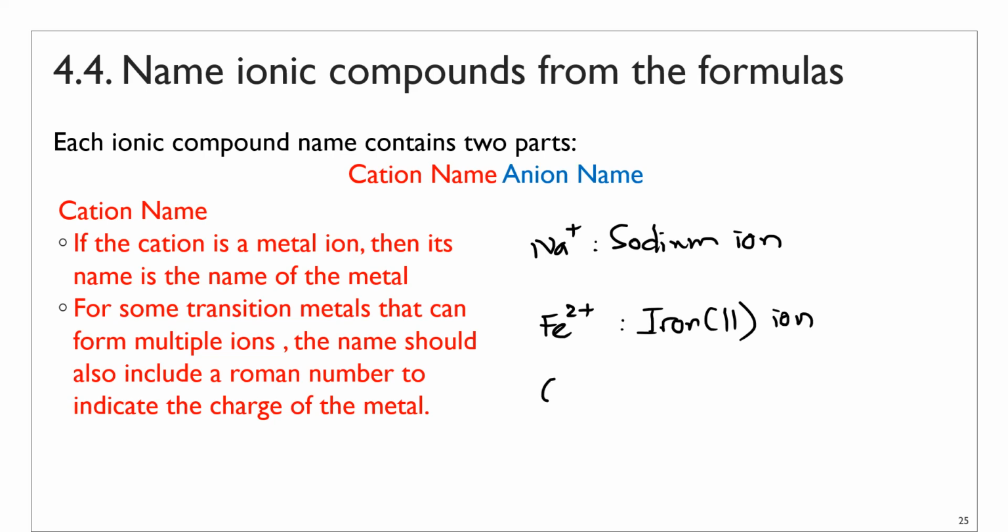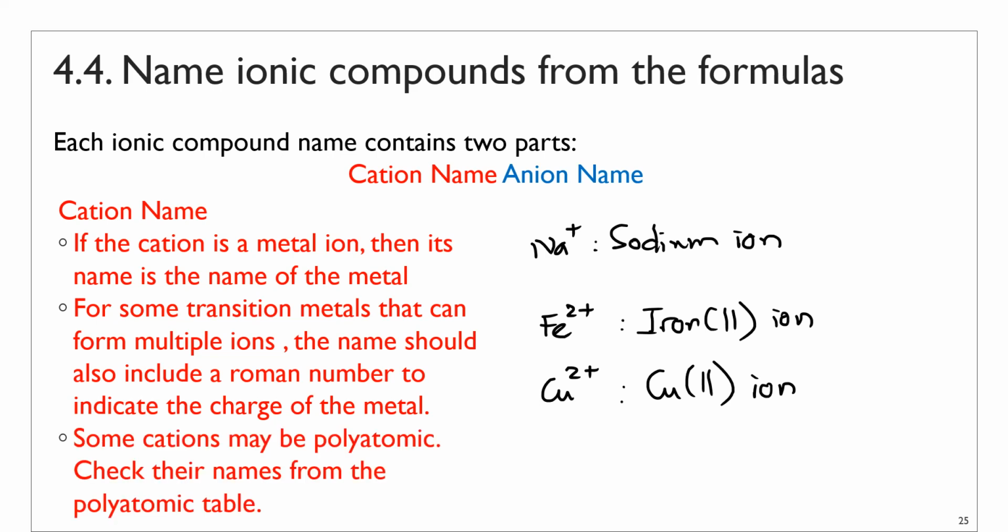If I have something like copper, copper also can have more than one valency, then the name of this ion is Cu2 ion. If you see a transition metal, and once again you can tell by locating the element on the periodic table, you need to make sure to include a Roman numeral to indicate the charge of the ion, because it doesn't follow the octet rule. Without indicating it in the name, it's almost impossible to tell what the charge of the ion is in that scenario.